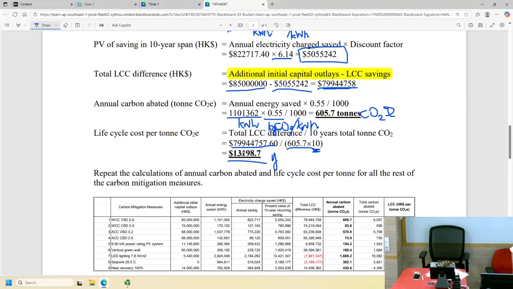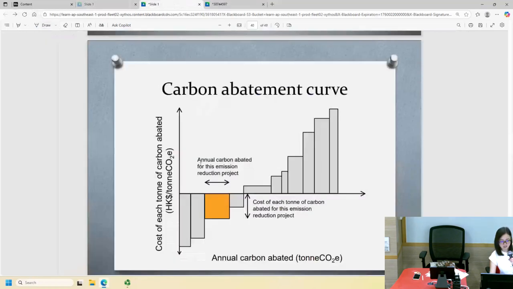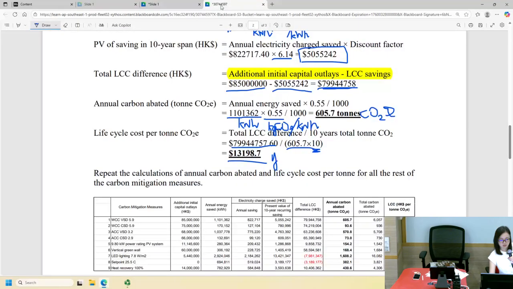And how about the x-axis? The x-axis, so this length would be the annual carbon abated. So every year, how much carbon dioxide can be reduced? So it will be this value. Okay, so this is the y-axis, and then this is the x-axis. So we can draw a rectangle for mitigation strategy number one.